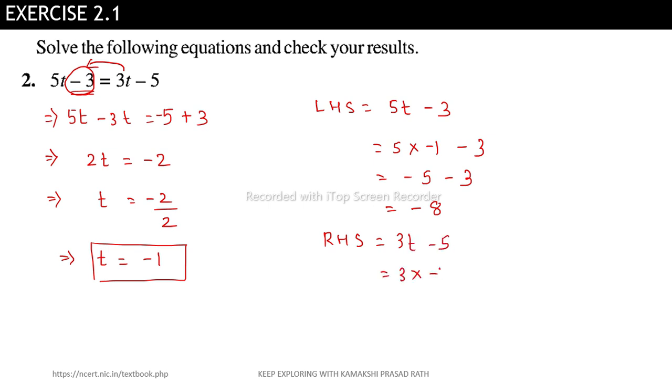So 3 times minus 1 minus 5, that gives us minus 3 and minus 5, that is also minus 8. Hence we can say LHS equals RHS. Hence the solution is verified. So the solution t equals minus 1 has been verified.